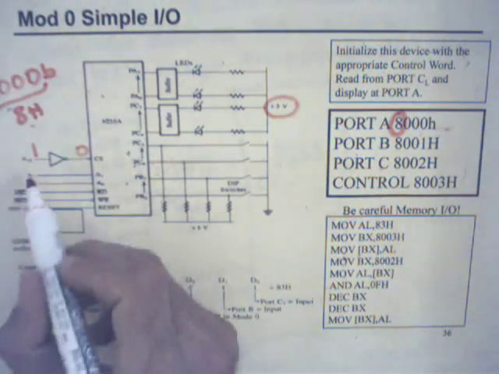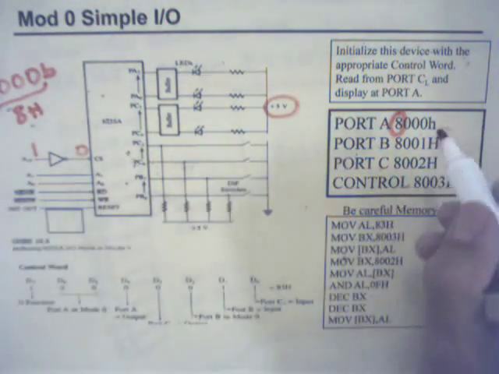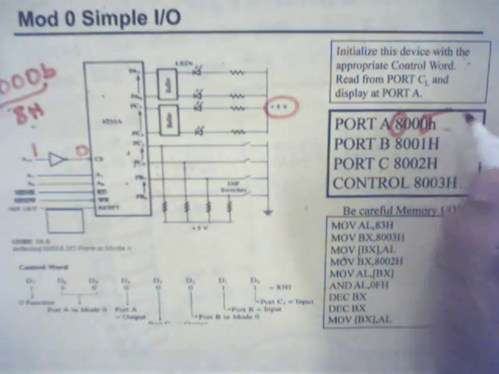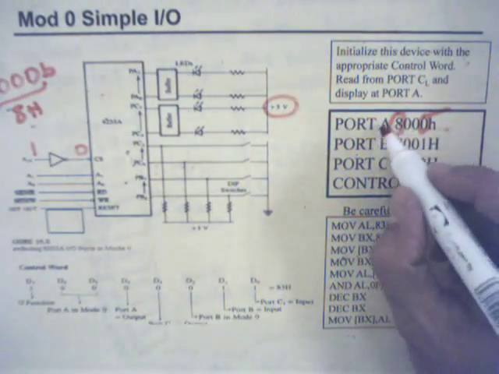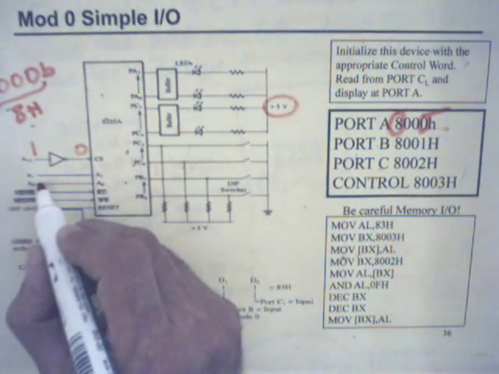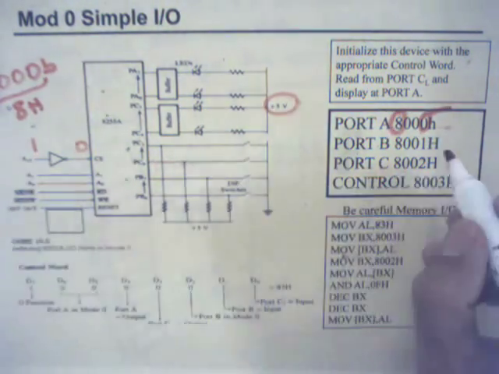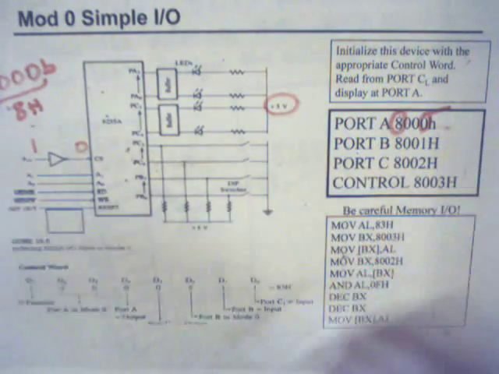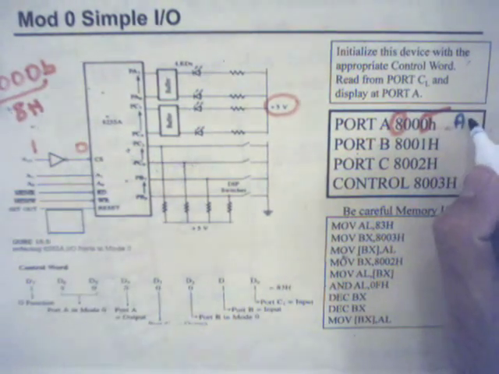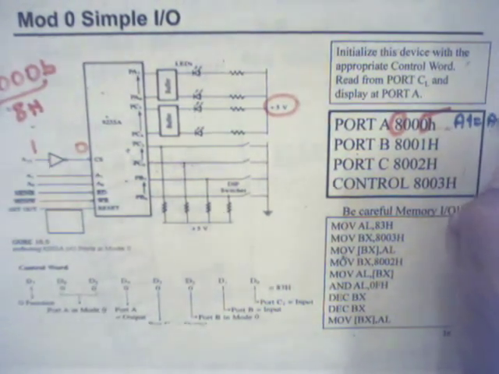and the A1, A0 combination, when they are both 0, port A is selected. When A0 is 1, A1 is 0, then port B is selected. We can write this here. A1 and A0 are all 0.